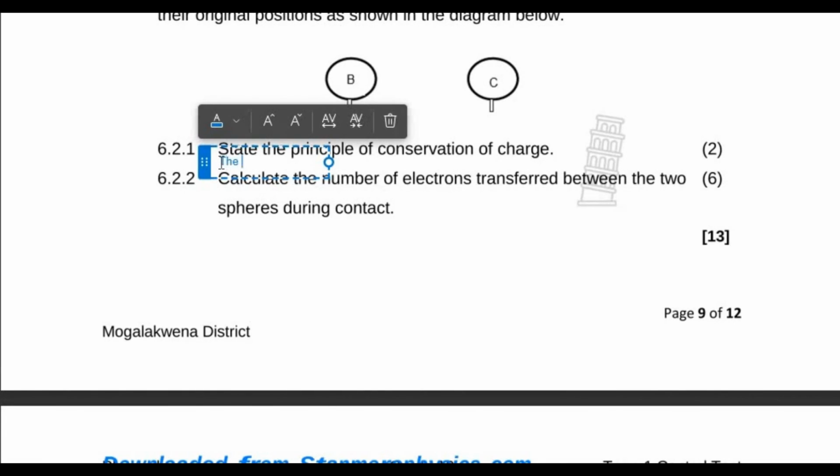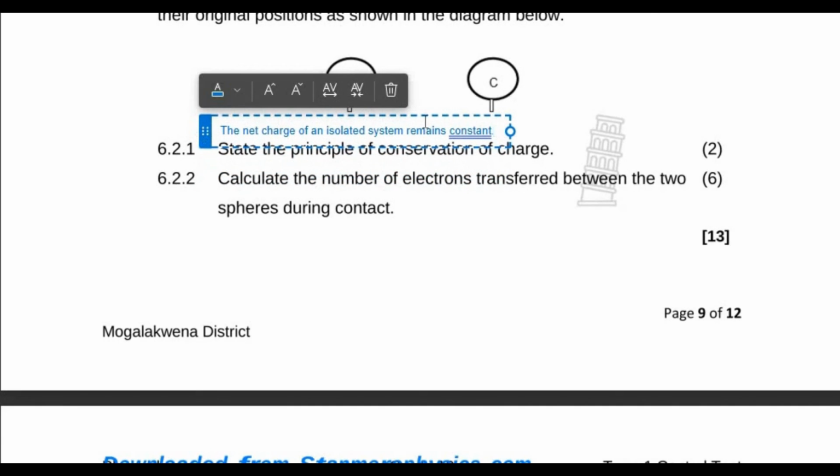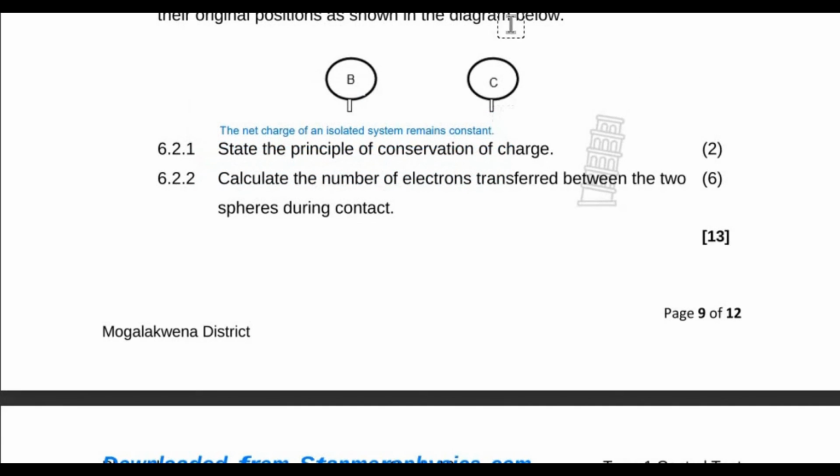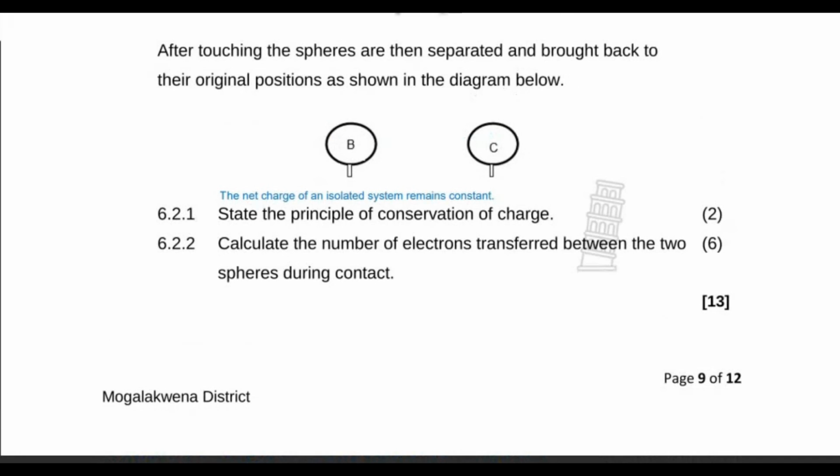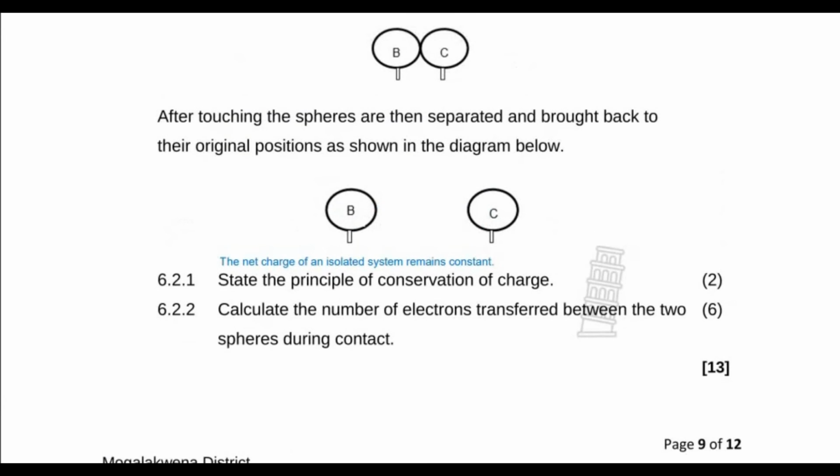It tells us that the net charge of an isolated system remains constant. Sometimes when things are said in this way, they feel a bit cryptic. But essentially it tells you that during any physical process, if you consider that system isolated, the total charge remains the same.